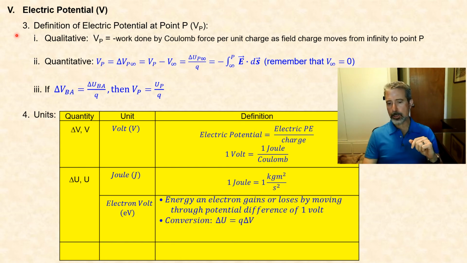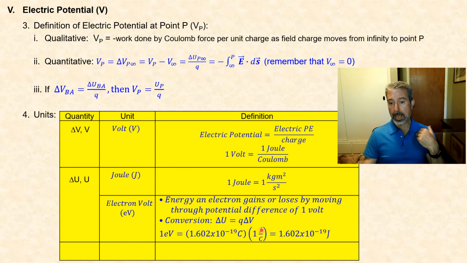And if you think about this, the change in electric potential energy is simply equal to the charge that is moved through a potential difference, delta V. So if the potential difference is 1 volt, in other words 1 joule per coulomb, and if we move a charge that is equivalent to 1 electron, that is 1.6 times 10 to the minus 19 coulombs, we see this conversion that 1 electron volt is equivalent to 1.6 times 10 to the minus 19 joules. That's a conversion between these two. So you will see this in some of the problems.